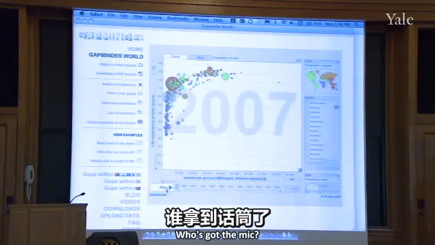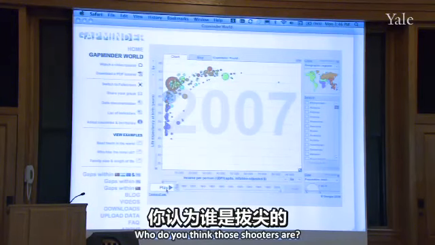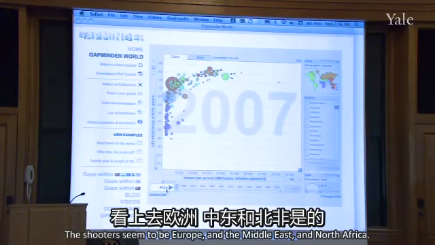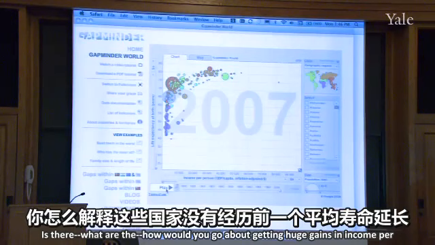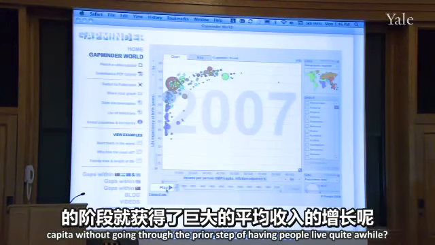Who's got the mic? Who do you think those shooters are? Those shooters seem to be Europe and the Middle East and North Africa. Okay, how would you go about getting huge gains in income per capita without going through the prior step of having people live quite a while?